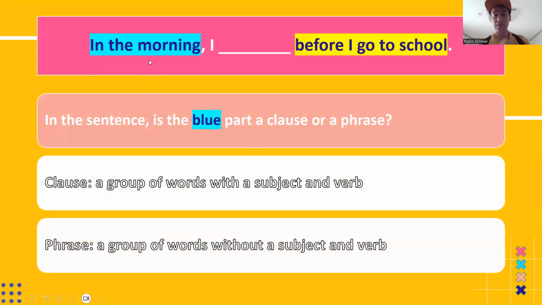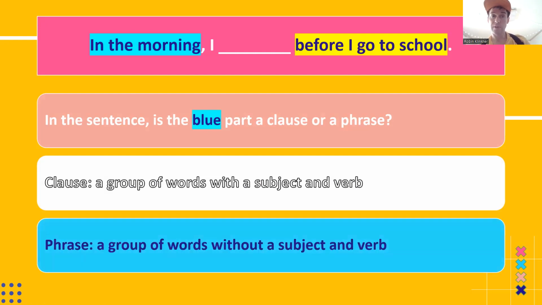In the morning. Does in the morning have a subject and a verb? In the morning. Preposition, article, noun, time. There actually is no subject or verb combination. So that is a phrase because there's no subject and verb in the blue part.